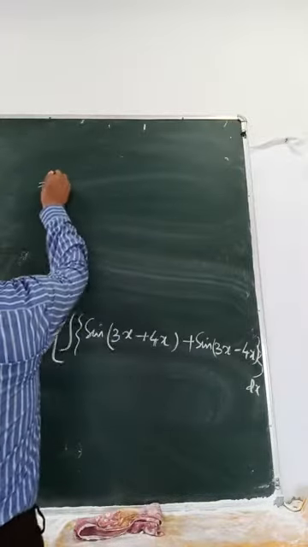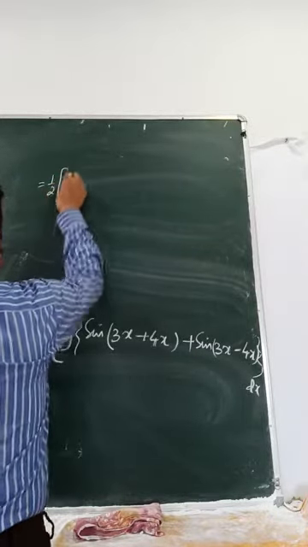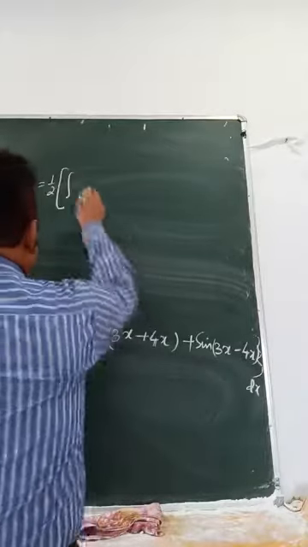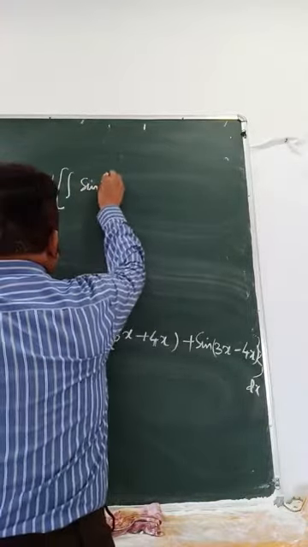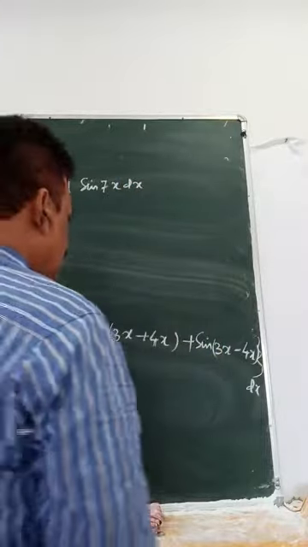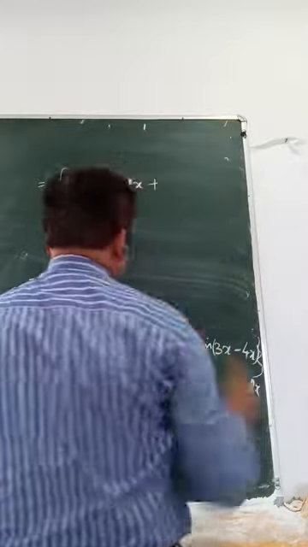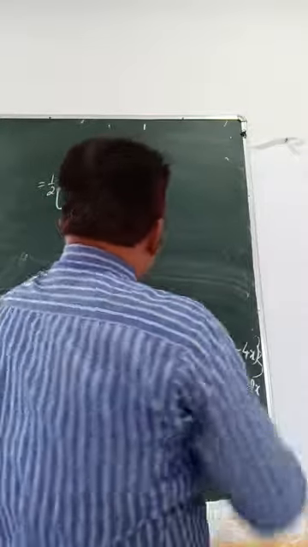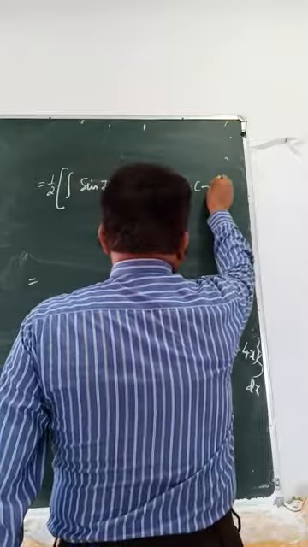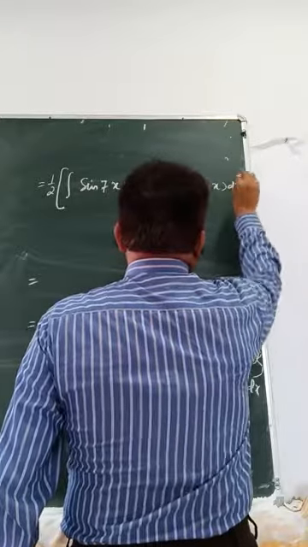So that will give us half of the integral of sin 7x dx plus sin(minus x) dx.